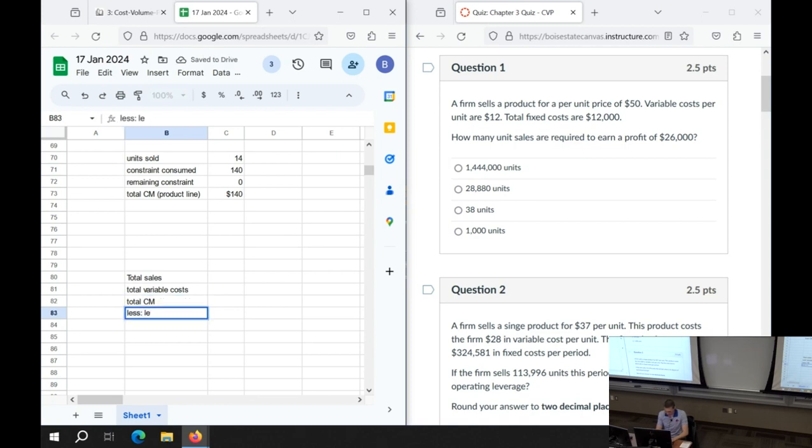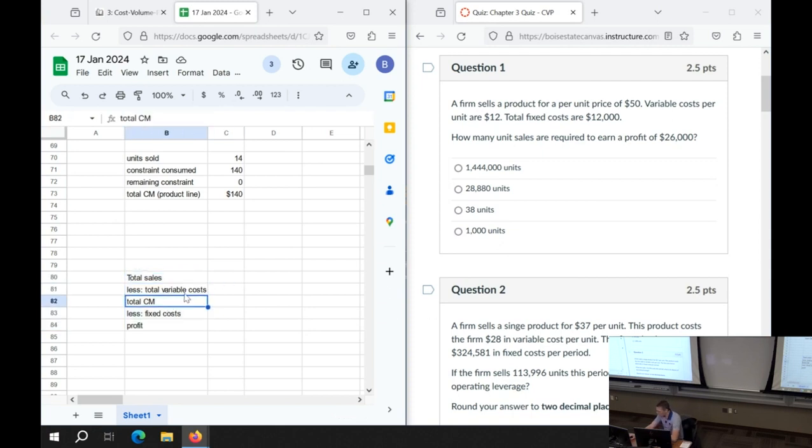I'll even put less fixed costs gives us profit. Okay, not getting real fancy. I know if you're in intermediate right now, you're like, it's much more complicated. I know. But for internal purposes, this is what we're going to break it out as. For internal purposes, there's no FASB looking over your shoulder and saying, well, did you do that right? No, there's just economic reality. And if you're reflecting economic reality, then you're doing it right. So we just need this level of specificity for these kinds of questions we're asking as a company.